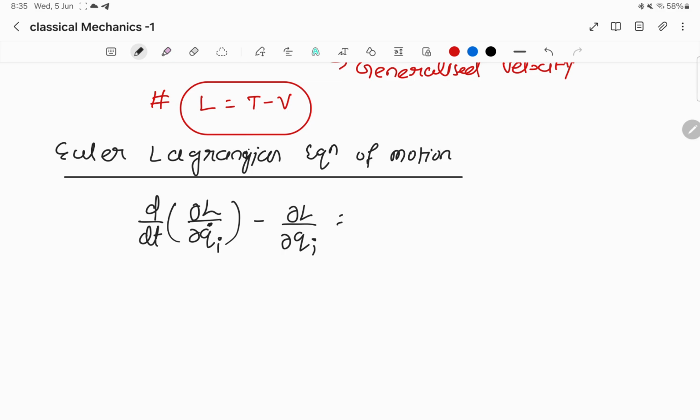Because I am considering it in a generalized form. There are plenty of q_i coordinates. Are you understanding? In 3D, if you are considering the Cartesian system, you have x, y and z, three components. Similarly, in the spherical coordinate system you have r, theta, phi. In the cylindrical coordinate system, you have s, phi, z. This is why I am writing this. This is the generalized form.